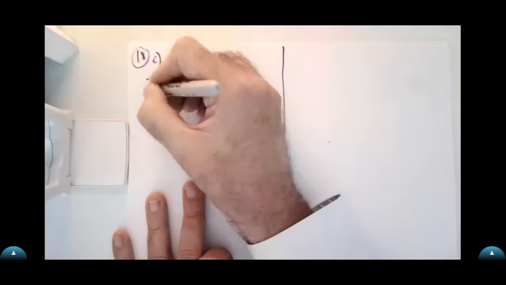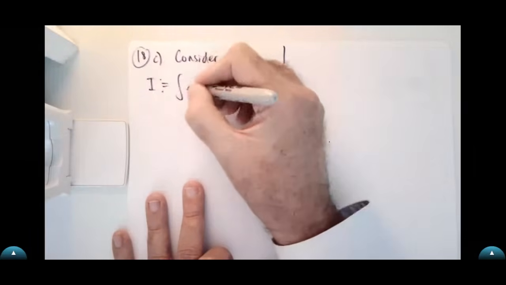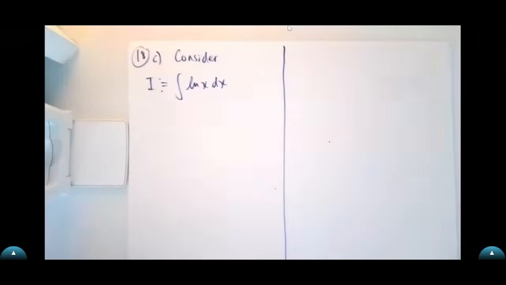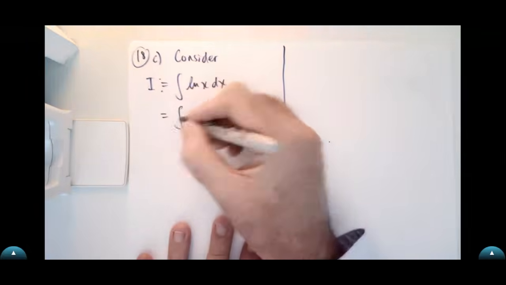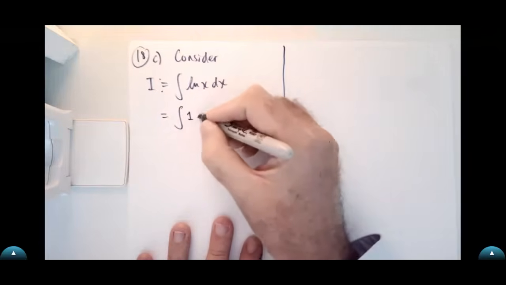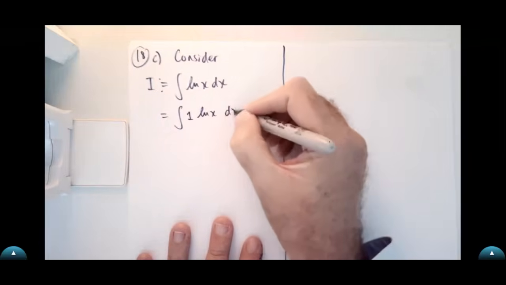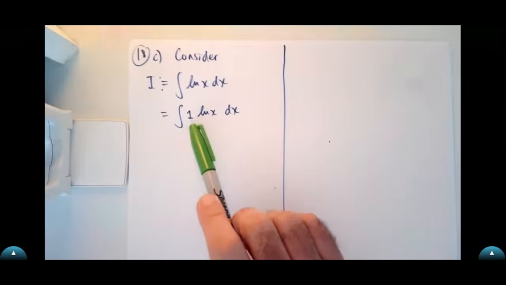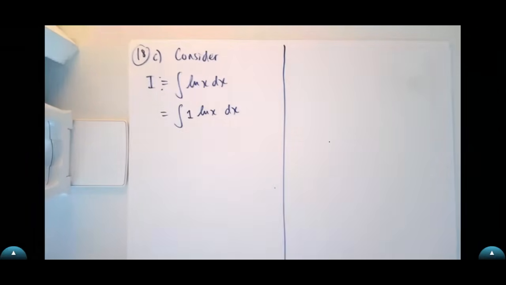So consider this. Okay, and it looks like there's no product there. Yeah, Ning Xiao, you're absolutely right here. We're going to do integration by parts, and when we integrate this 1, it's going to become x as you suggest.